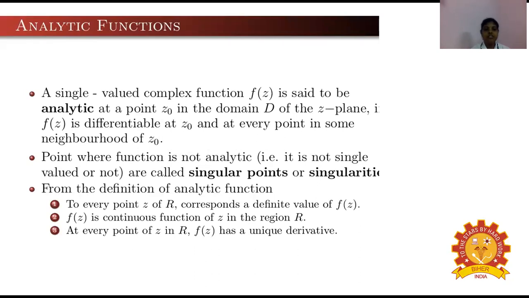Points where the function is not analytic, that is, not single valued or not differentiable, are called singular points or singularities. From the definition of an analytic function, to every point z of R corresponds a definite value of f of z. f of z is a continuous function of z in the region R. At every point z in R, f of z has a unique derivative.